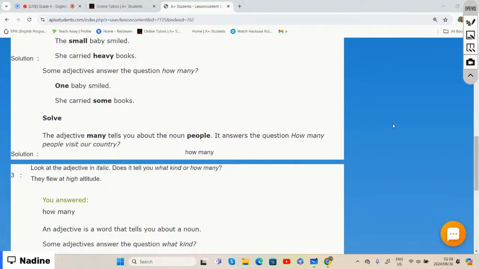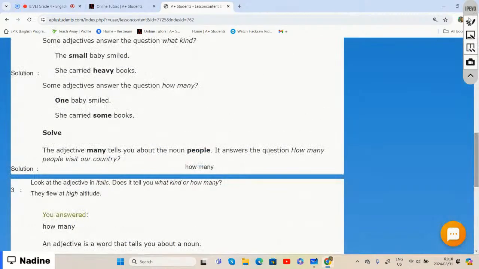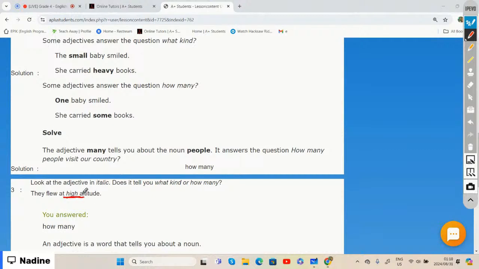So they flew at high altitude. When it comes to this word high, we can say this tells us what kind.